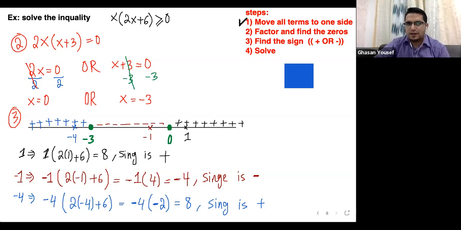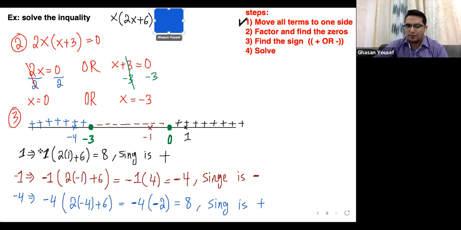Tao said, I'm still confused about how you can define the sign if the question has already moved all terms to one side. What do you mean by define? Like I said, Tao, we hide this inequality like this, and we pick any number greater than 0.